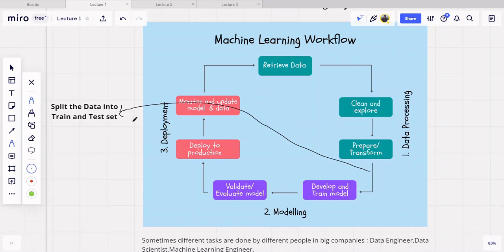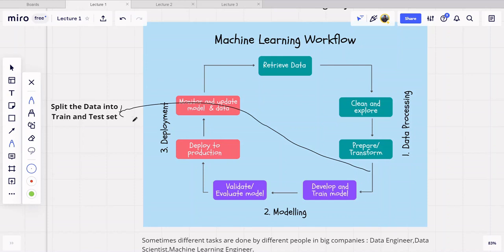This 20% is never seen by the model. We train the model using the 80% of our data, so the model is trained on that data itself, but the model has never seen the testing data.